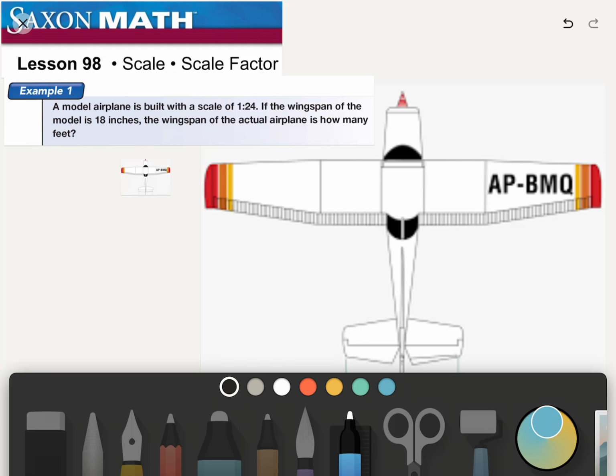So, just jumping straight to example 1, a model airplane is built with a scale of 1 to 24.